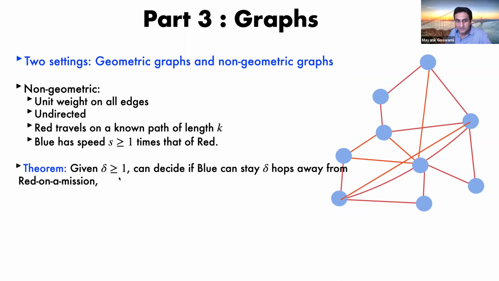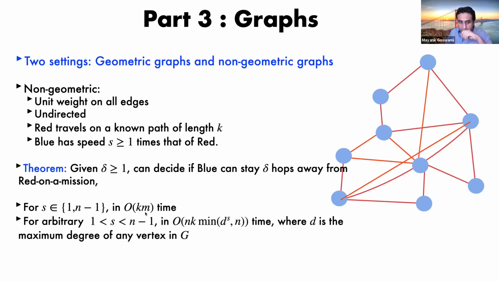For this version, we can show that if blue's speed is equal to that of red, so s is 1, or if blue's speed is way faster than that of red, so s is n minus 1, then in k times m time, where m is the size of the graph and k is the length of red's path, we can decide if blue can stay delta away. And if your factor s is some arbitrary number between 1 and n minus 1, then we also have an algorithm.